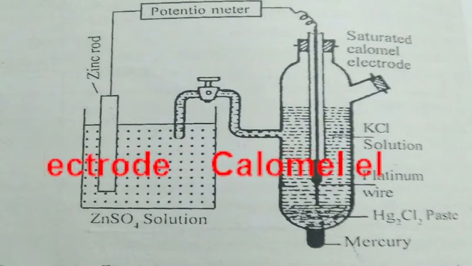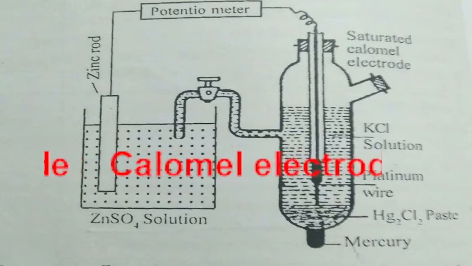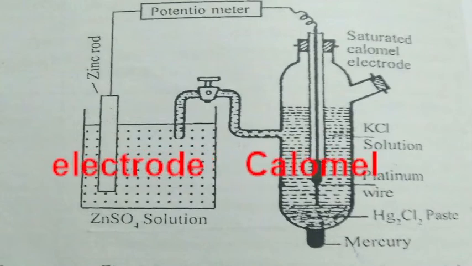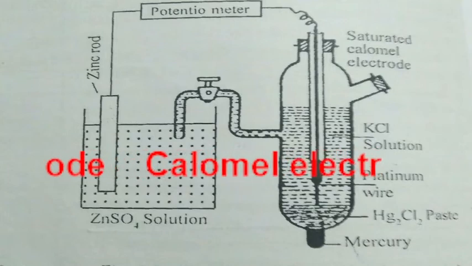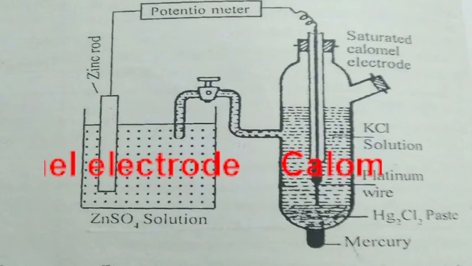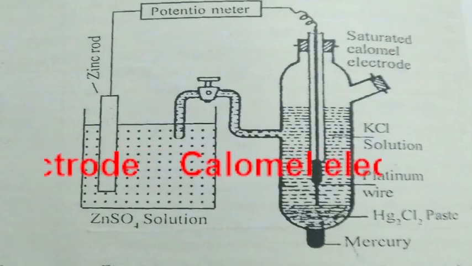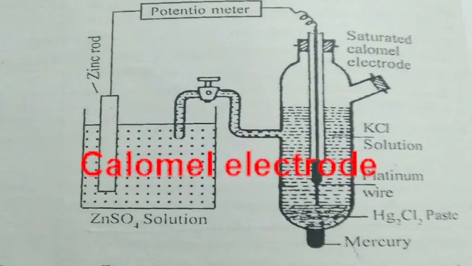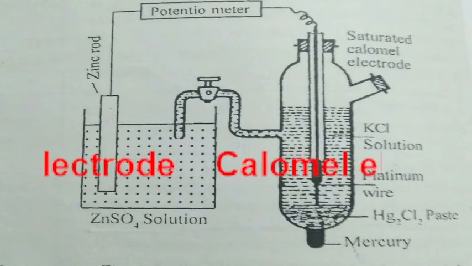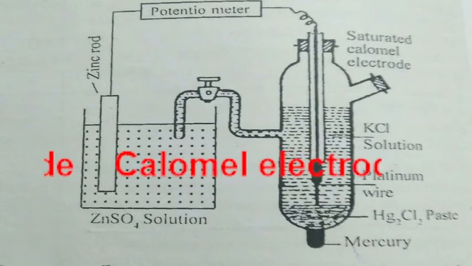Owing to the difference in concentration of potassium chloride we choose, they can have three different Calomel electrodes. They are decinormal, normal, and saturated Calomel electrode. They have definite electrode potential values, respectively 0.335 volt, 0.284 volt, and 0.242 volt.